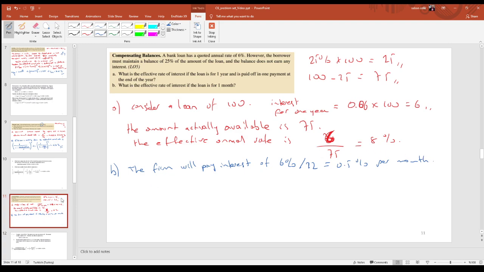If the loan amount has a stated balance of $100, interest is 50 cents or $0.5 per month.